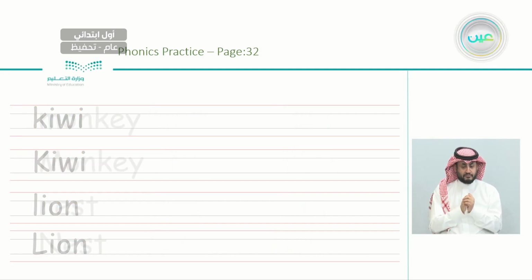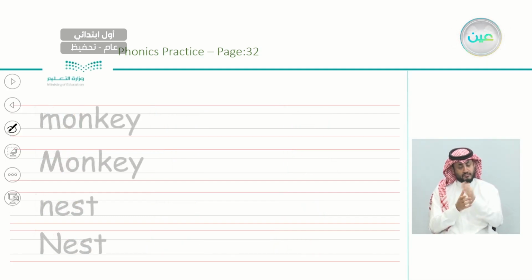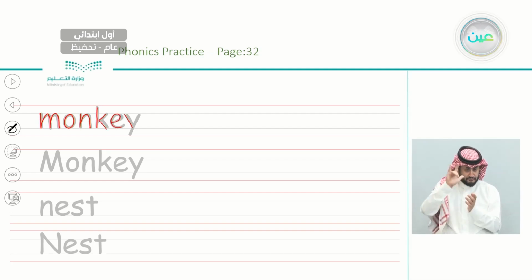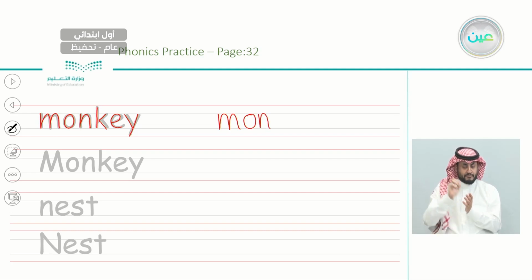Okay, excellent. After that, we have monkey. Let's trace monkey. M, O, N, K, E, and Y. Let's write them one more time. So M, O, N, K, E, then Y, and Y will end up to number 4.